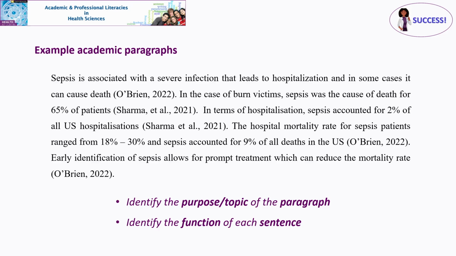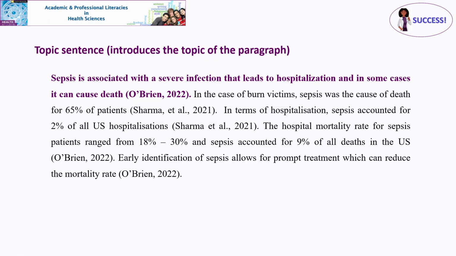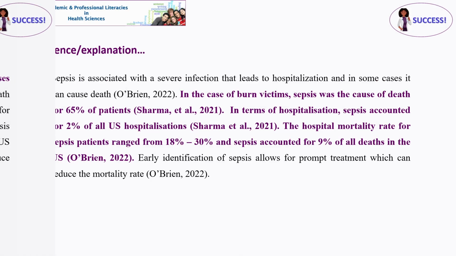So, we can see clearly that the topic of the paragraph is sepsis and severe infection, but the focus is sepsis. We have evidence that's brought in from Sharma et al. predominantly, but also O'Brien, along with the explanation.